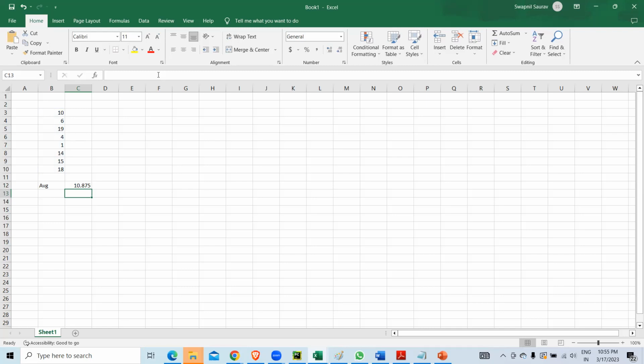One way is that I'll reduce it somehow to make it exactly 10, so that it is easy to talk about. So you get an average of 10.